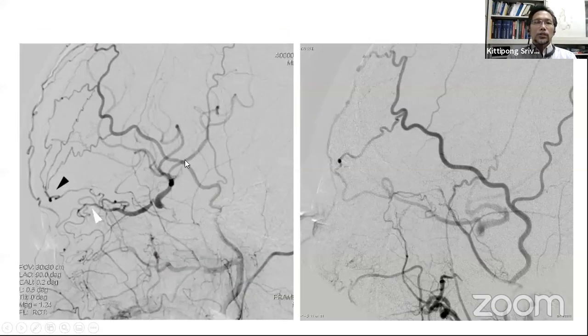Such as in this case, you can see the internal carotid artery being filled retrogradely by the ophthalmic artery, which is filled by this superficial temporal artery, or some even from lower down from the vessels of the face. So this one is filled from another collateral from the lateral side of the orbit. We'll talk about that later.